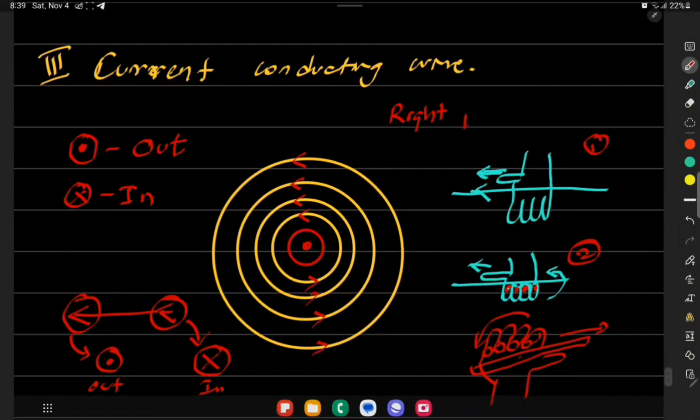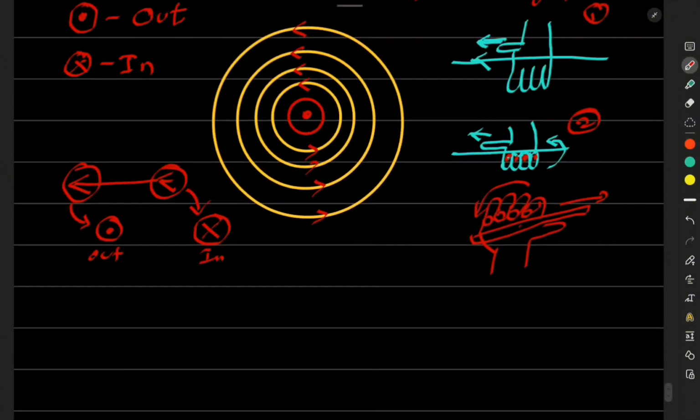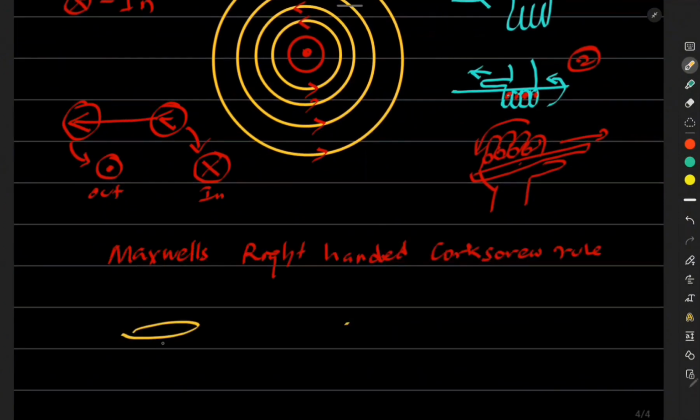There are two rules to find the direction of the current and the direction of the magnetic field. The first one is the right hand grip rule, and the other is Maxwell's right hand corkscrew rule. This is a corkscrew.